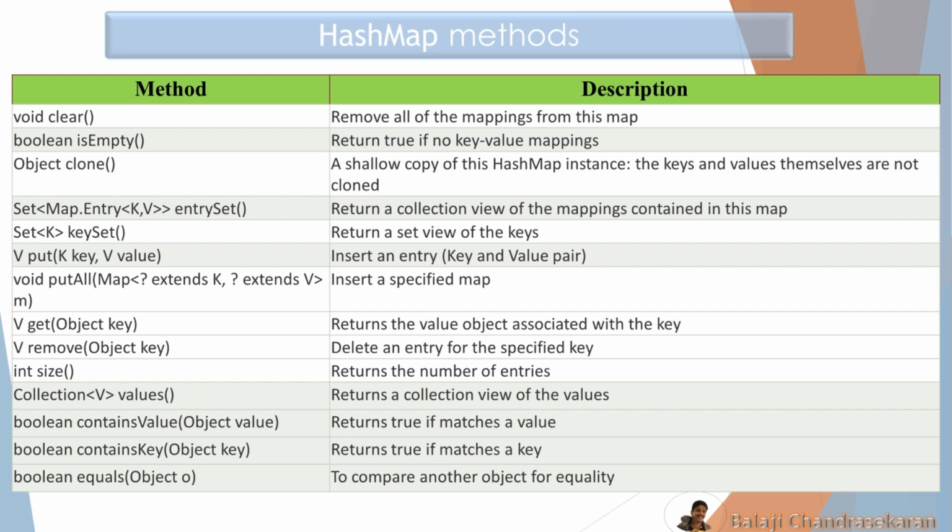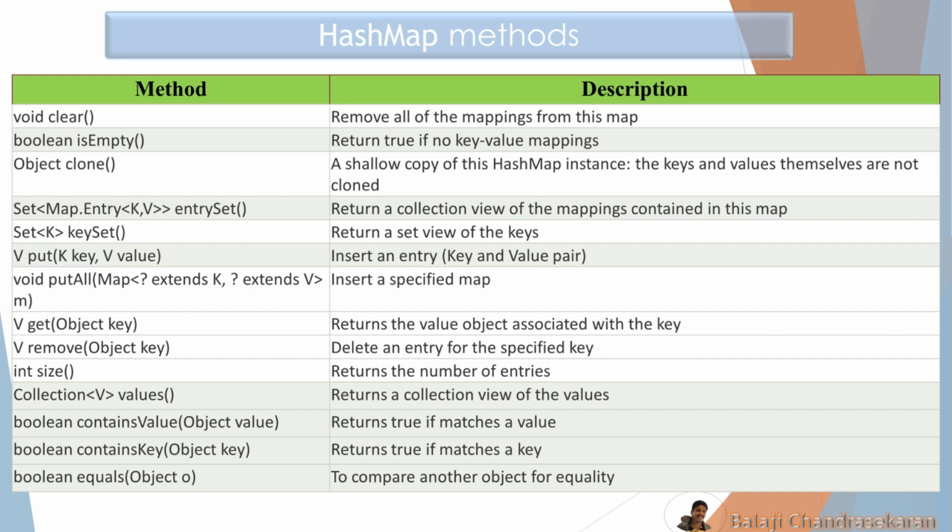It effectively merges two hash maps by adding all the key value pairs from the one hash map into another. The get method returns the value to which the specified key is mapped or null if the map contains no mappings for the key.